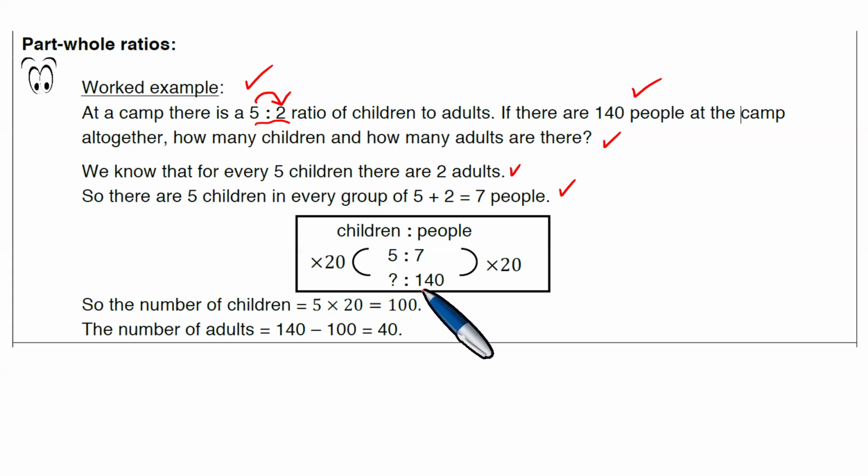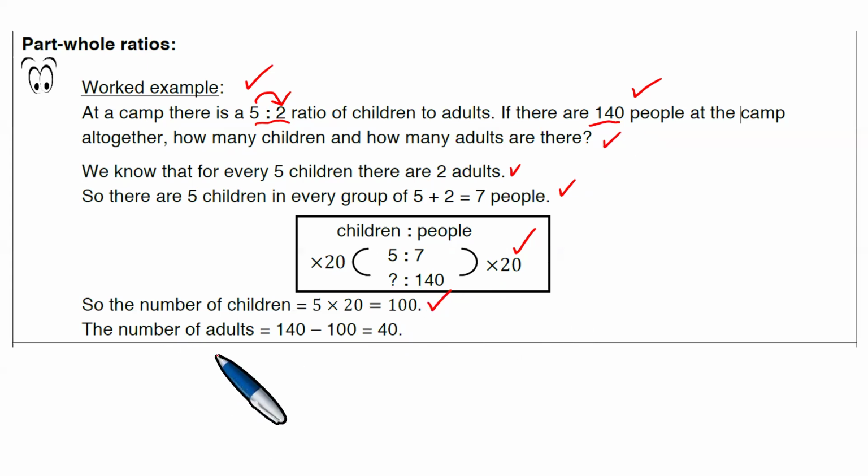If there are 140 people, it's only the number 20 that multiplies 7 to give us 140. Therefore, you multiply by 20 on the right, you multiply by 20 on the left, and 5 by 20 would give us 100.